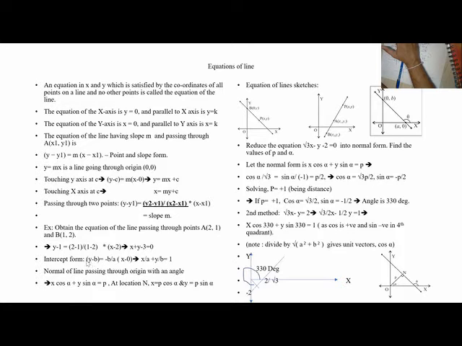We have one point here, y minus y1 is equal to m into x minus x1. I am taking the point on the y-axis, 0, b, so y1 is b. So y minus b is equal to m, which is minus b by a, into x minus 0. When I simplify this, I get x by a plus y by b is equal to 1. This is the intercept form.